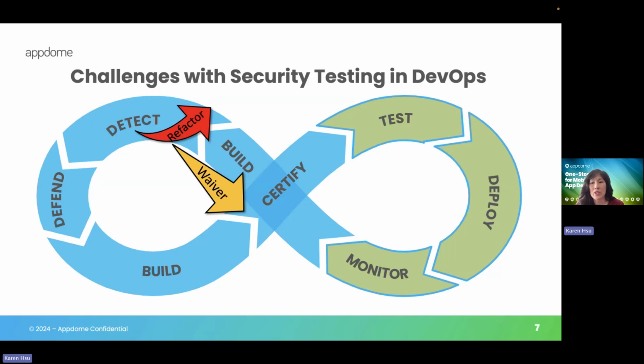Or do they waive the issues away and allow them to proceed with the release on time, but then have apps in production that are at much higher risk of attack? So this challenge not only is in the early part of the process where the initial build is made and the security testing is done on that initial build. It also happens later on when there's retesting of the app or the app is out in the wild and there are issues that are found there.